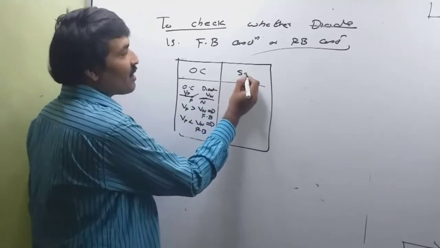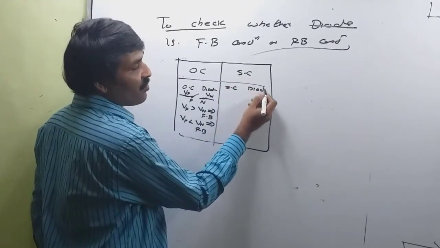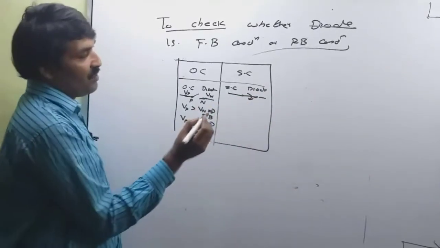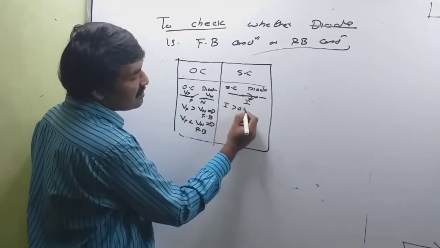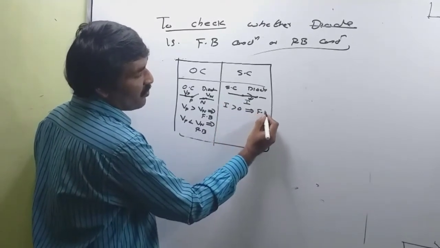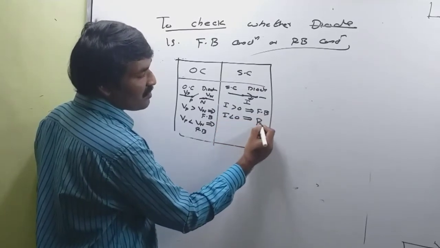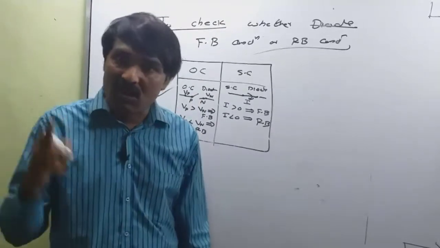In the short circuit test, just short circuit the diode, so this becomes a closed switch. Then measure the current I. If I is greater than 0, that implies forward biased. If I is less than 0, that implies reverse bias. So this is the method to find whether the diode is in forward bias condition.